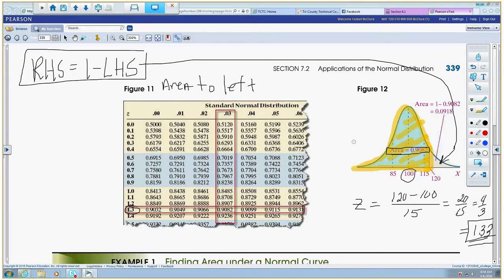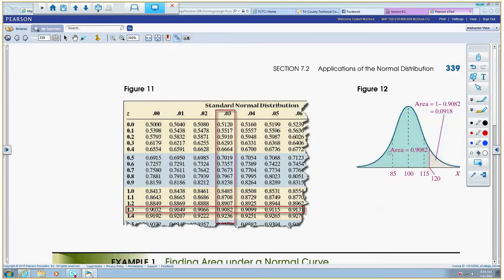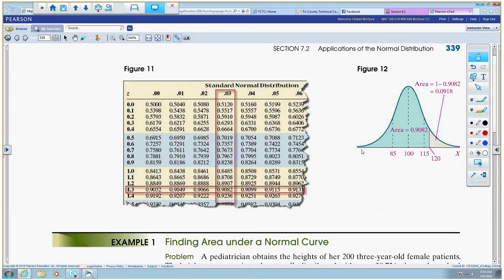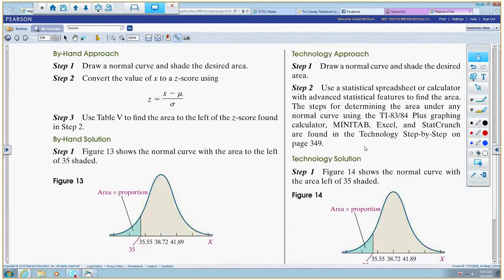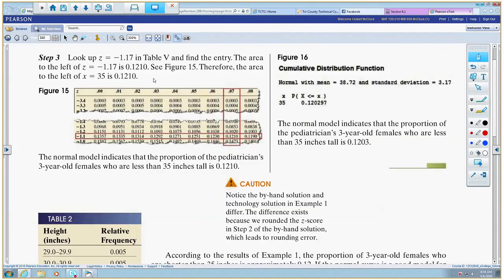I'll show you how to do that when the time comes. All right, let's try another one. See if we can find one that doesn't have a bunch of explanation.